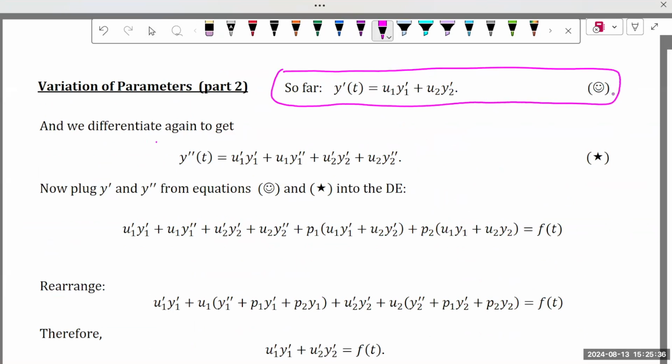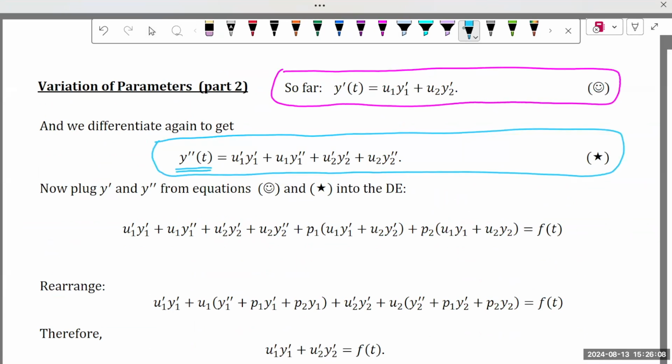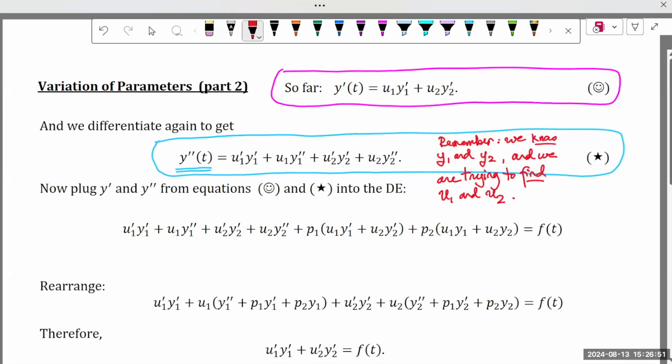Let's differentiate a second time to see what we get. Now we have y double prime in terms of u1 and u2 and their first derivatives, and in terms of y1 and y2 and their first and second derivatives. Again, let's keep straight what is so far known and so far unknown. We know y1 and y2, and we are trying to find u1 and u2.